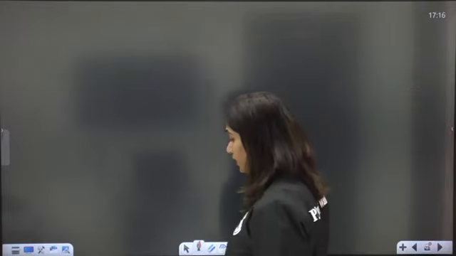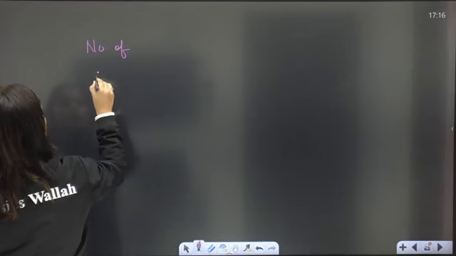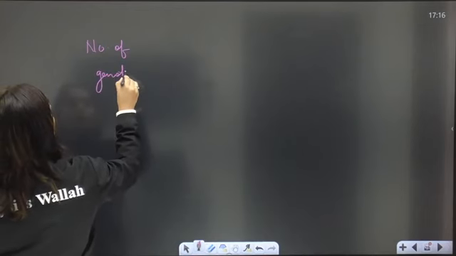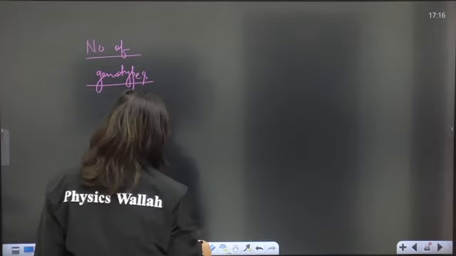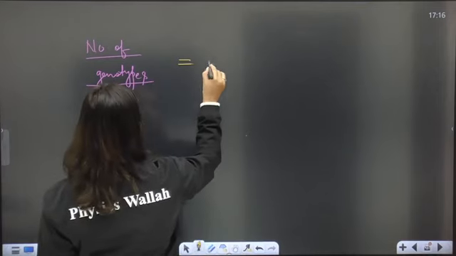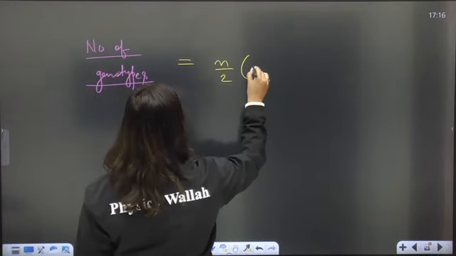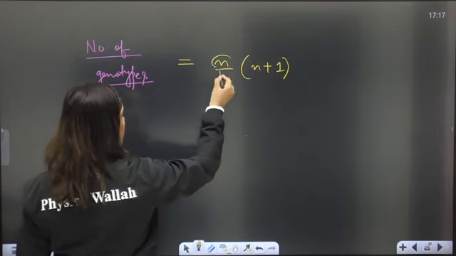And if you want to calculate the number of genotypes possible, if the number of alleles are given, then the formula is n(n+1)/2, where n is the total number of alleles.